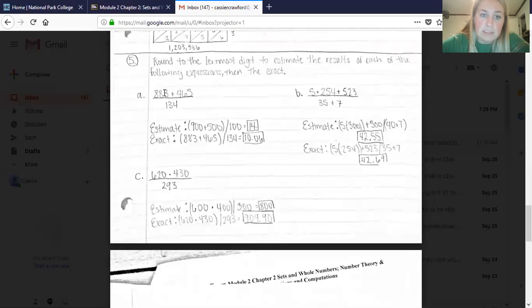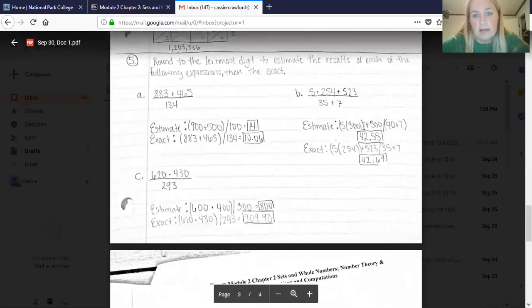If we're rounding to the leftmost digit of 883, the 8 here is going to round up to be 900. Same over here, this will round to be 500. And 134 will round to be 100. And once you solve that, you get around 14. And our exact is around 10.06.